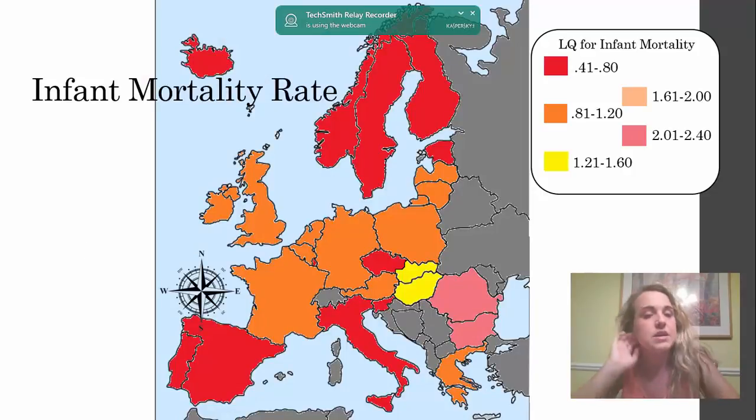So looking at the infant mortality rate map, you kind of see more of a pattern in this one, in that it kind of just goes lower up here, and then it gradually gets larger, and then larger once you head more south, and when you're down here in the southeastern part of Europe, it's the highest infant mortality rate, but then right next to it, it's back to lower.